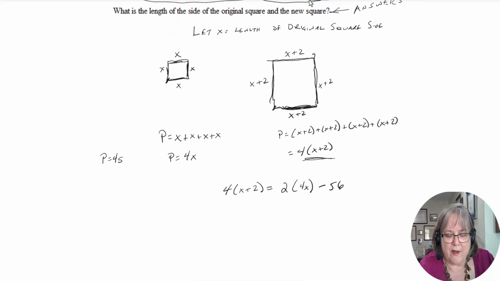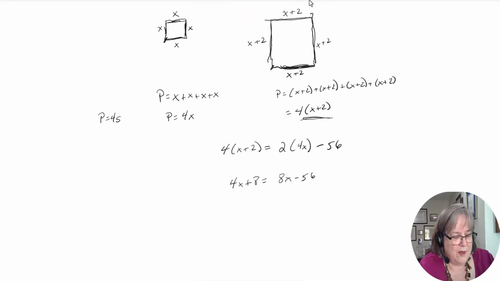So simplify the left. You would go divide parentheses. Yes, can't add 2 to x. I don't have any exponents, but I could multiply. 2 times 4x is 8x. Then I want to get my variables on one side and my constants on the other.